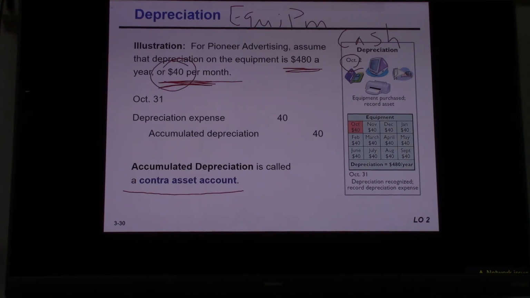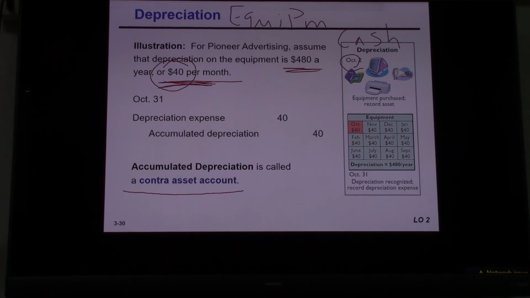So again, on October 2nd, we purchased equipment, and the estimated useful life of this equipment is 10 years. You are expected to benefit from this equipment for 10 years. On October 2nd, we have an asset called equipment on the debit side, and our cash decreased by the same value on the credit side.